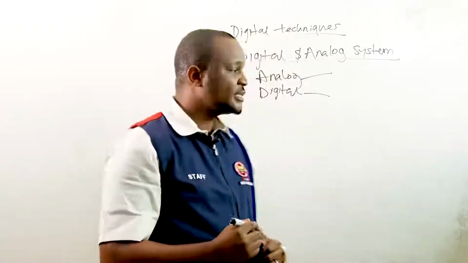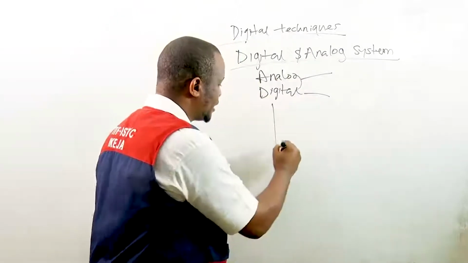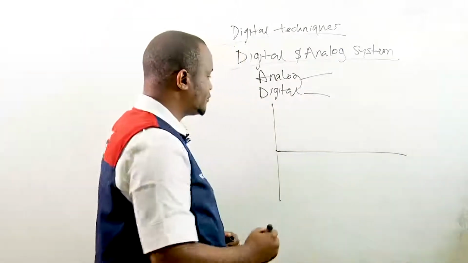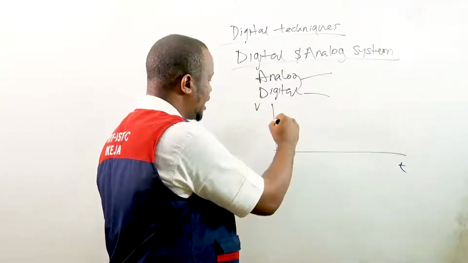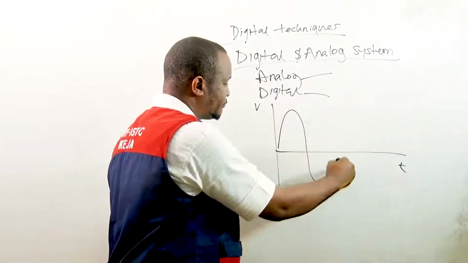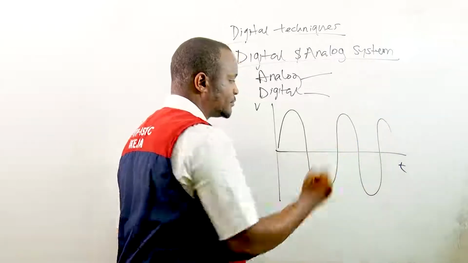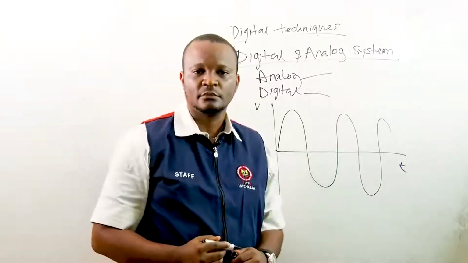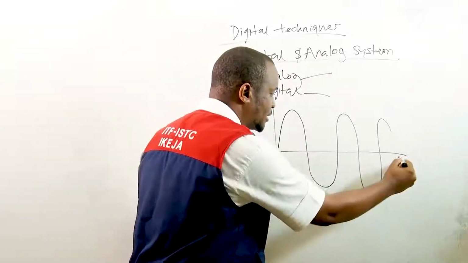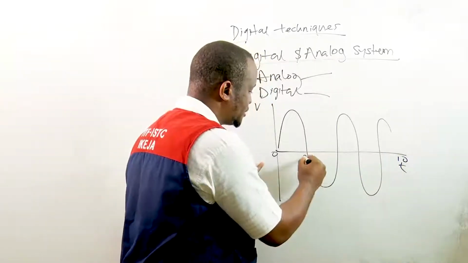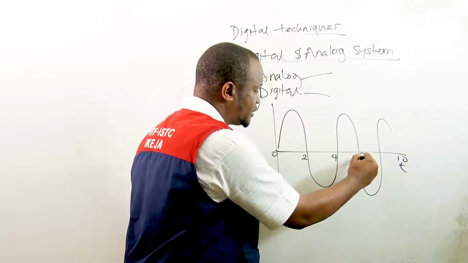So whatever signal we receive, if we plot a graph of voltage against time, for example, we have fluctuations, changes over time. If this is from 0 to probably say 10 seconds, here could be say 4, 2, 4, 8, 10.